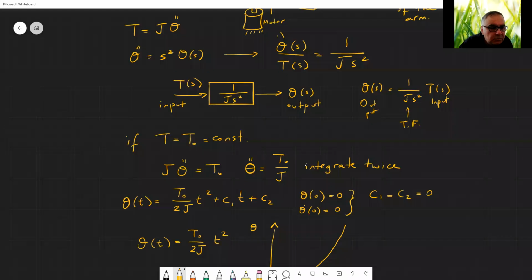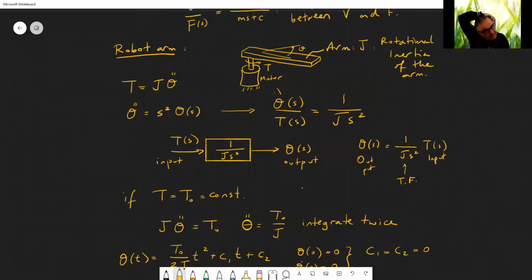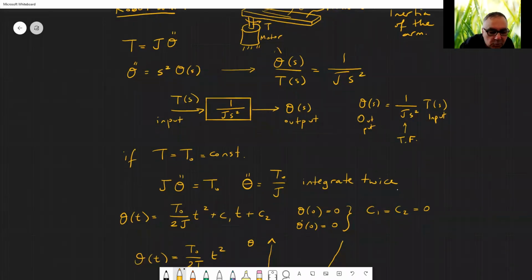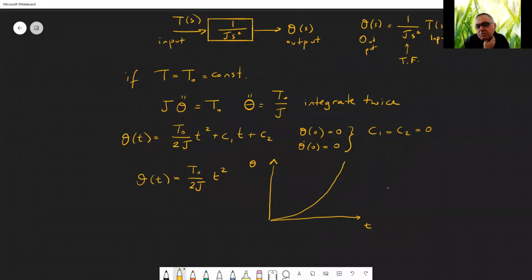Now, in the control problem, if you have a robot arm like this, an arm which you want to rotate, you obviously don't apply a constant torque on it. Maybe a constant torque would make it just rotate like crazy.